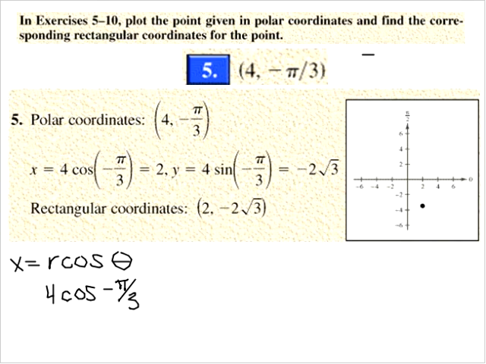If you don't like working with negatives, we can change this so it is a positive. Remember, we'd have to add 2 pi. So 2 pi is the same thing as 6 pi over 3. So really, we'd be looking for 5 pi over 3.